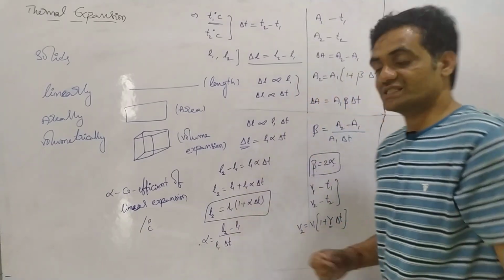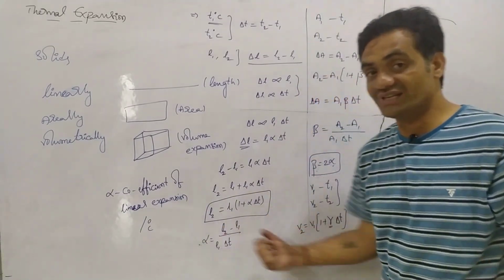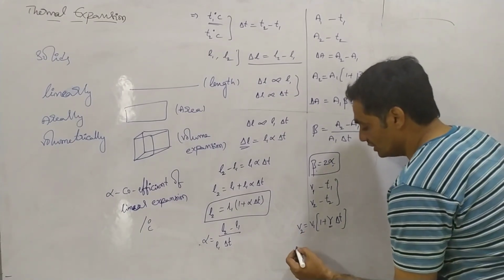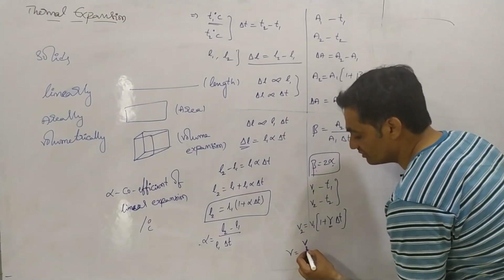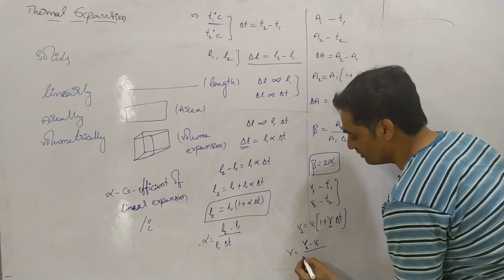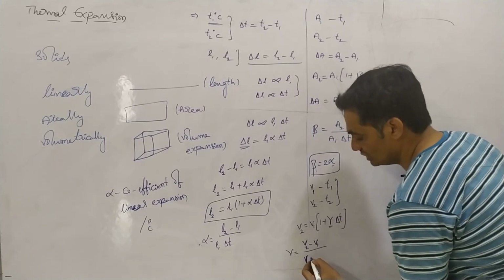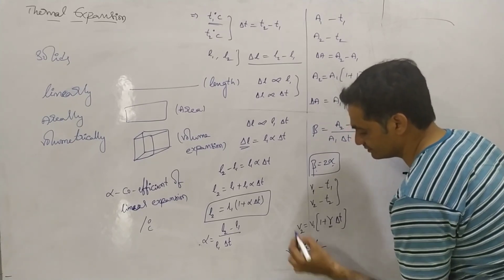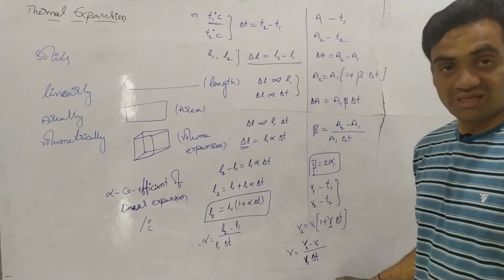Coefficient of volume expansion, and its unit is per degree Celsius. So gamma is equal to delta V, or we can represent it as (V2 minus V1) by V1 into delta T. So this is the relation given for volume expansion.